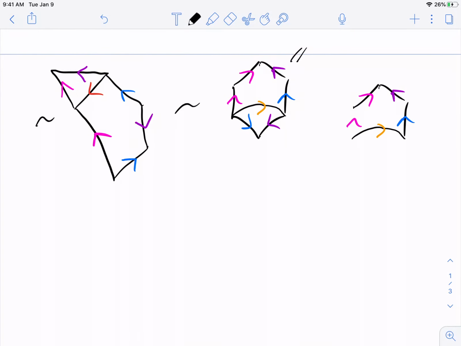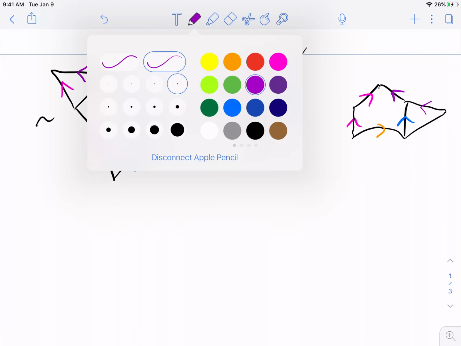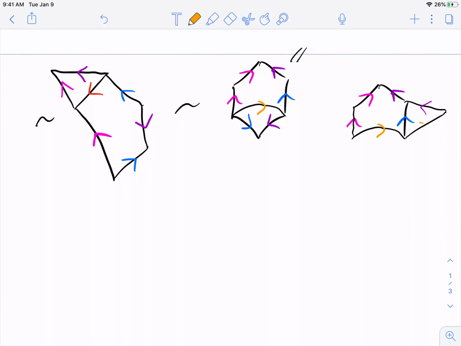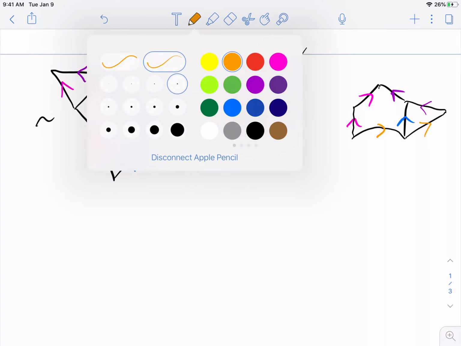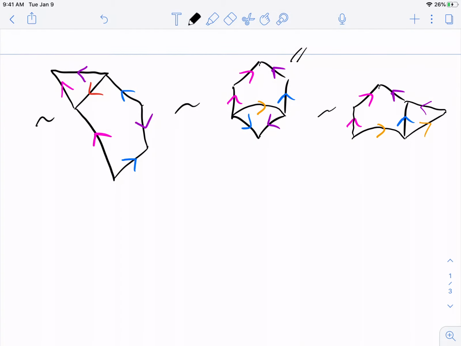And what do I get? So then when I glue the other piece along the blue arrows, so purple is pointing towards blue, and the orange is pointed away from the tail of blue, so I get that. And now we're done.